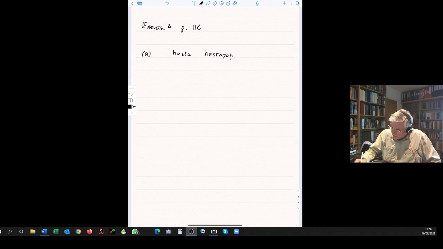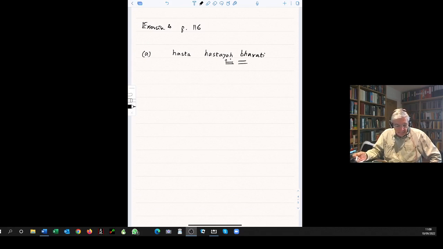So hastayo is in the hands, hastayo bhavati. Now what happens? We've got o, visarga, preceded by a vowel other than a or a, followed by a voiced consonant, so that has to become hastayor bhavati.